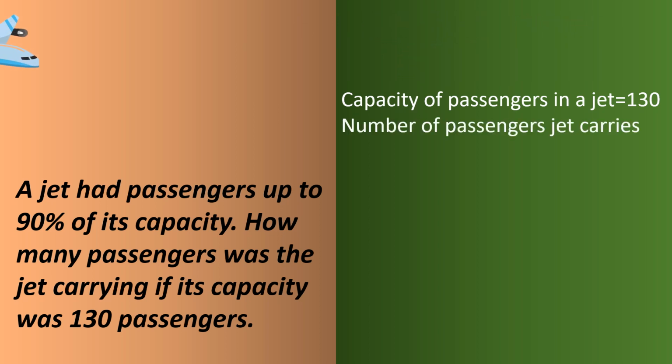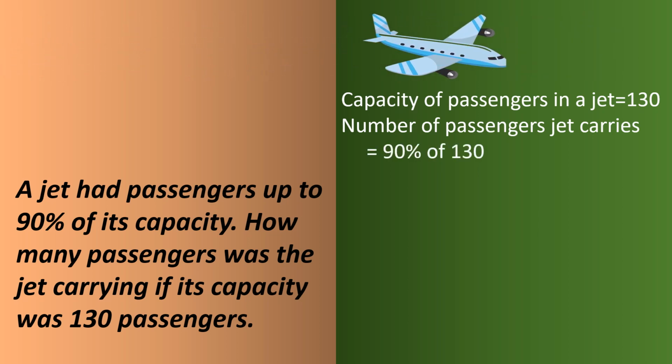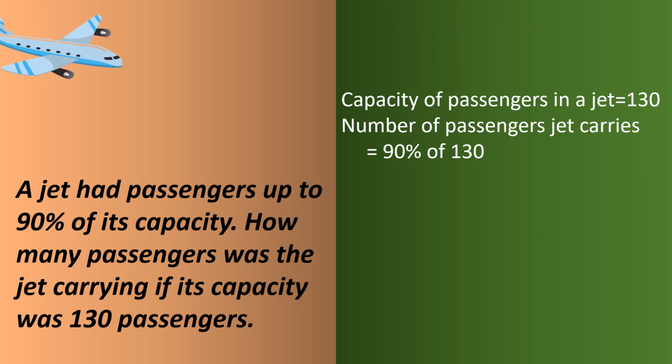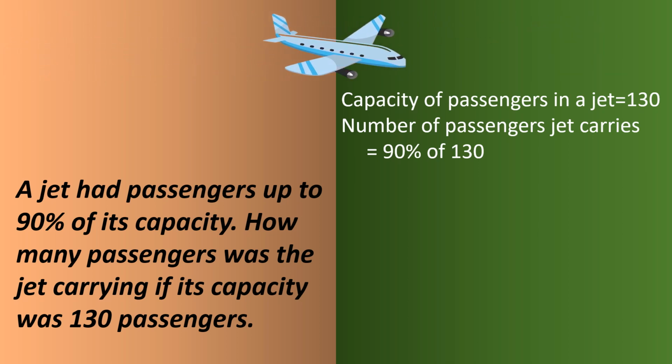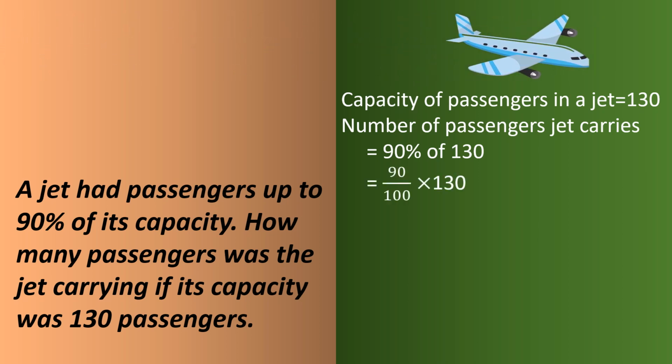And the second thing is the number of passengers the jet carries. Actually it is 90% of its capacity. It means we will find 90% of 130. And how? We remove the percentage symbol and write 100 in the denominator. So it is 90 by 100 multiplied by 130.